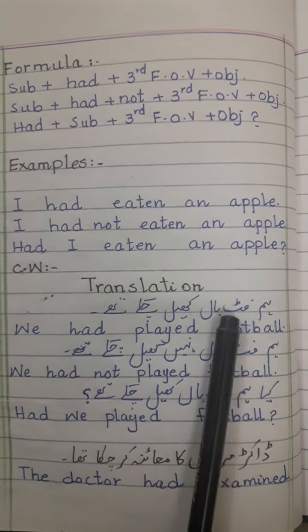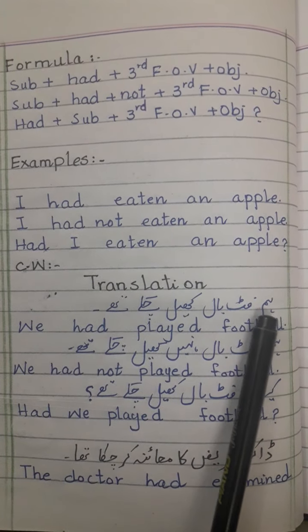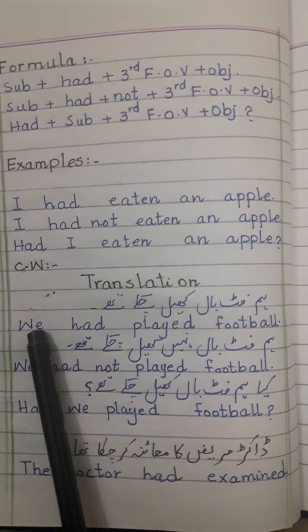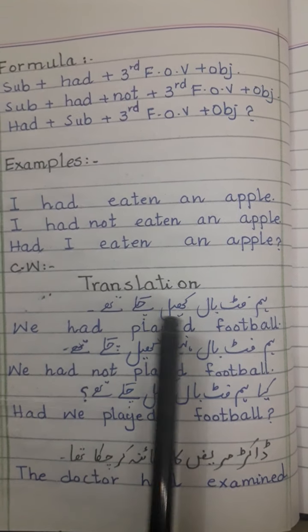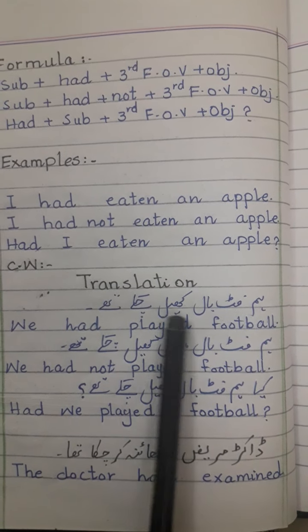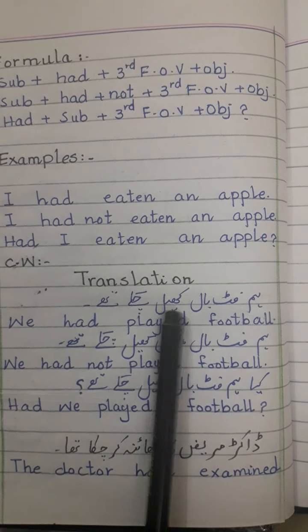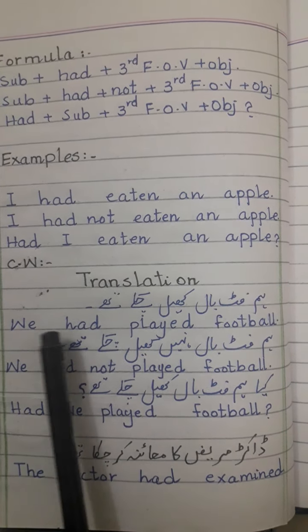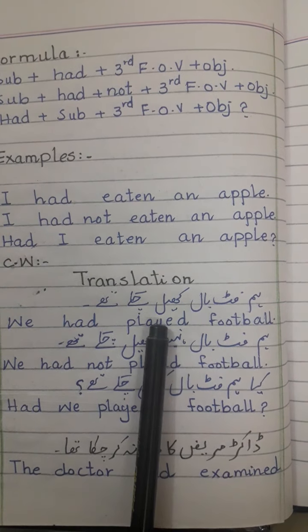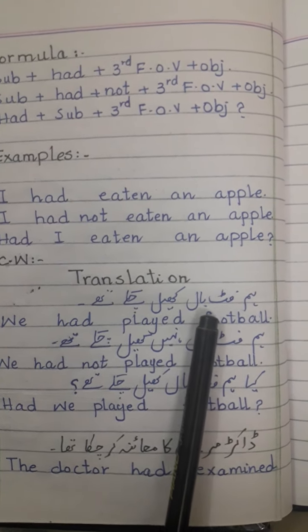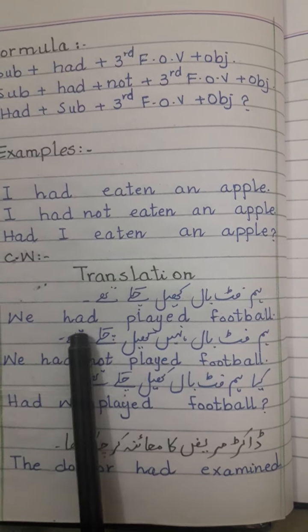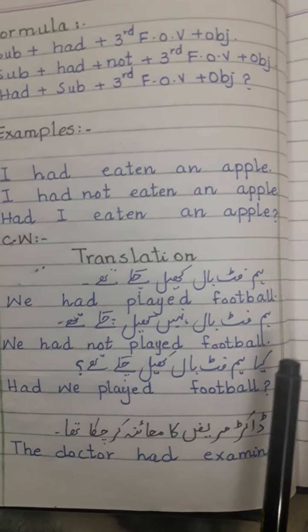Then the helping verb had, and what is the verb here, खेल. What is the third form of play, played. We had played. What we had played, what is the object, football. So, we had played football.